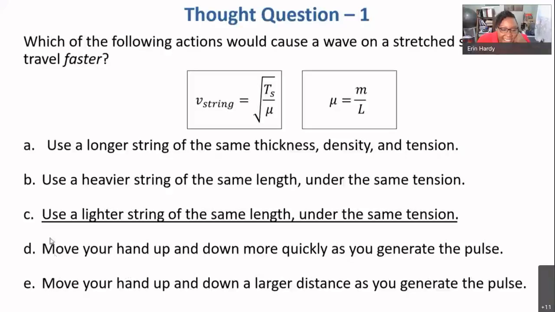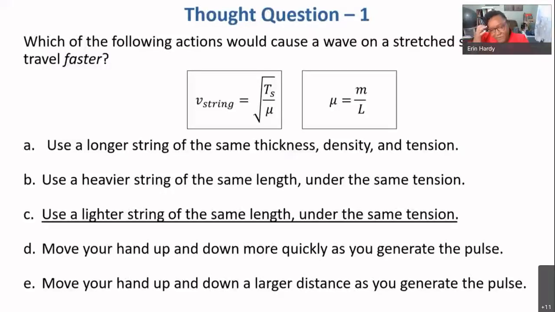D and E, neither one of these would change the wave speed because neither one of them changes the linear density or the tension. It's not too difficult to imagine what would change if you were wiggling a string up and down and you just moved your hand either a greater distance or went faster.